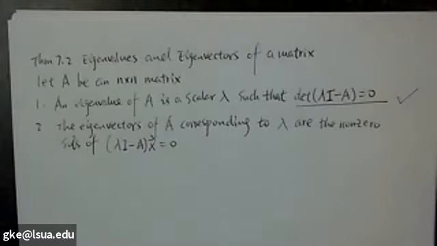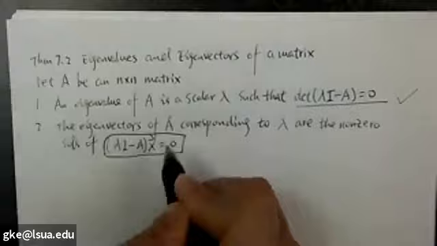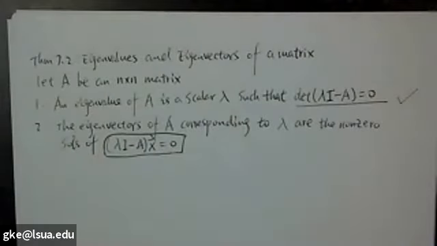So how to find the eigenvectors? We're going to use this formula, lambda I minus A.